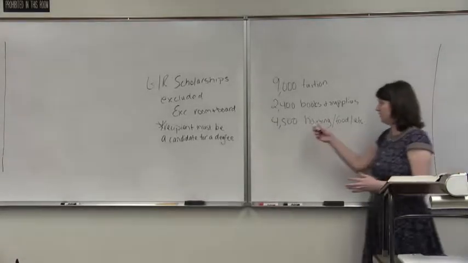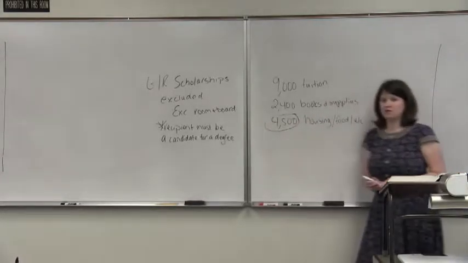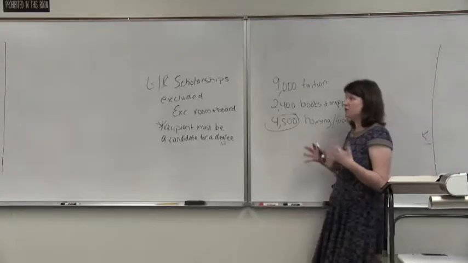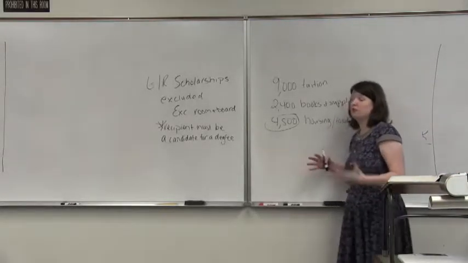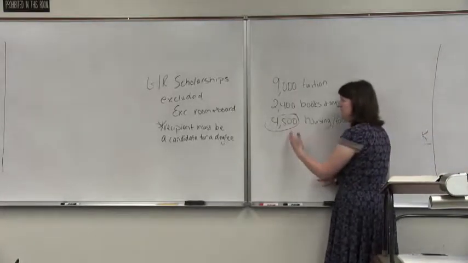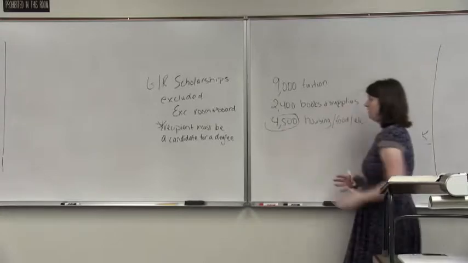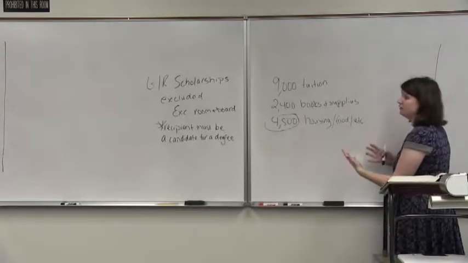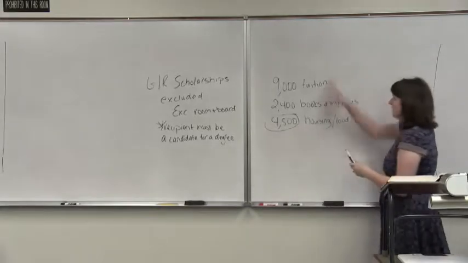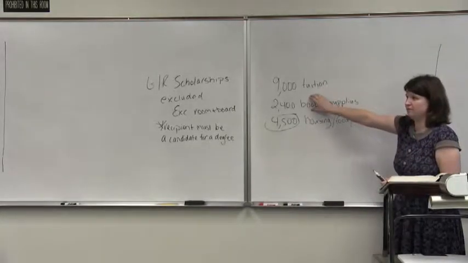Well, now the answer is $4,500. So depending upon what the problem is asking, of course, it will affect your answer. On the exam, make sure you read what the problem is asking. If they're asking what is included in gross income, it's this. If they are asking what is not included in gross income, or what is a non-taxable scholarship, it is this and this. Okay?